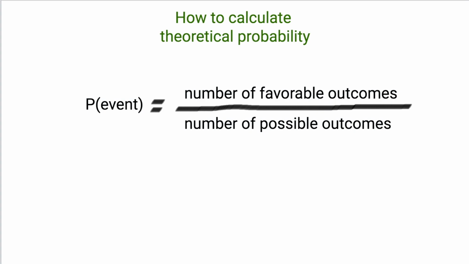The notation we use in mathematics is we write P, parentheses, event, whatever event we're interested in, is equal to, as a fraction, in the numerator, we count the number of favorable outcomes, whatever we're interested in, divided by all the number of possible outcomes. And this fraction in the simplest form will tell us the probability of that event, the theoretical probability.